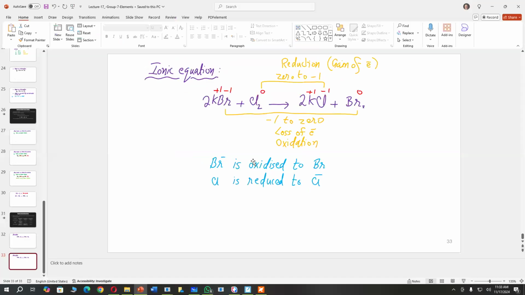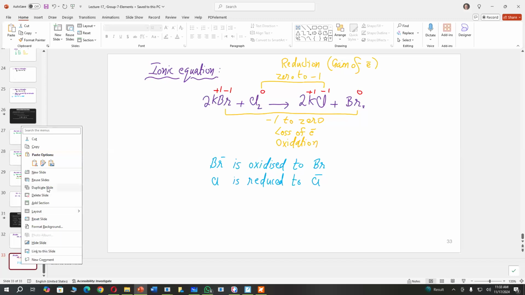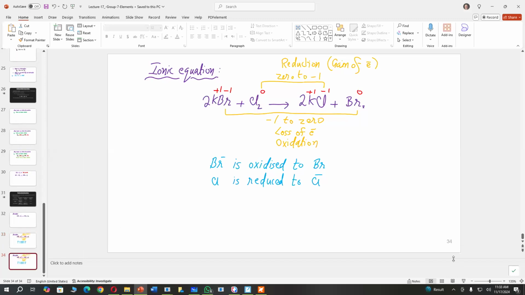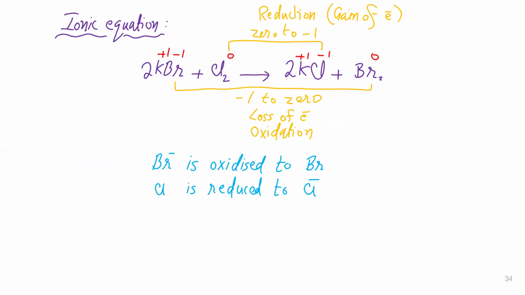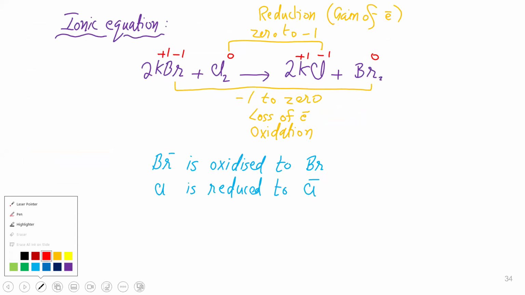This is a typical language. This language is used in reverse order. Something which is a reducing agent will be oxidized itself, and something which is an oxidizing agent will be reduced. It's always used in opposite sense.